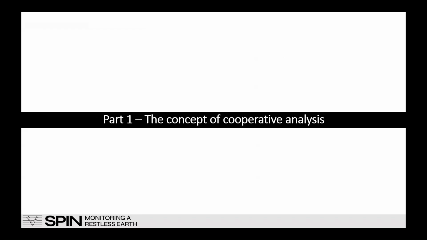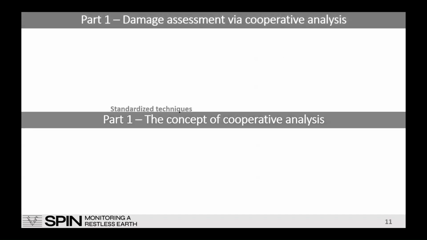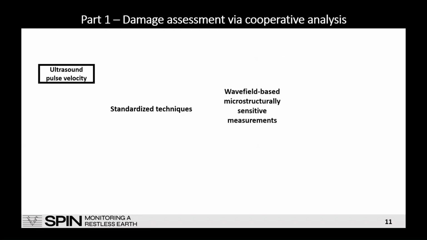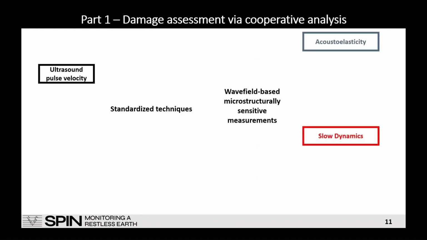To do so, we introduce the concept of the cooperative analysis. The cooperative analysis is essentially mixing the benefits of standardized techniques, such as the ultrasound pulse velocity, and the wave-field-based microstructurally sensitive measurements that we can observe with the acoustoelastic effect and slow dynamics, in a joint manner.